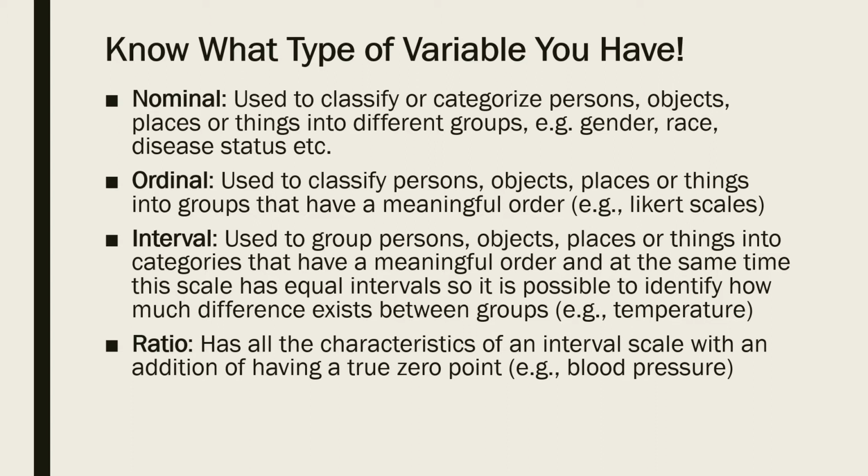Is it nominal, some type of categorization? Is it ordinal, kind of like Likert scales, very likely to agree or not likely? Or is it interval data or ratio?